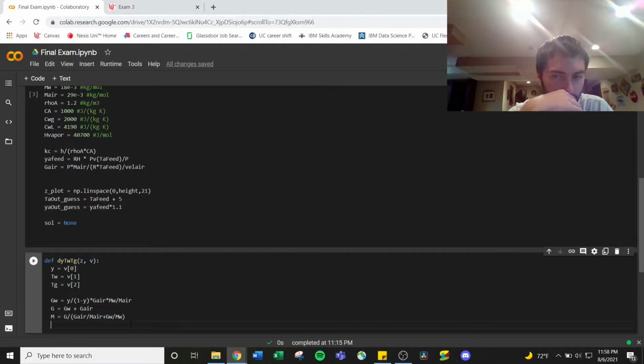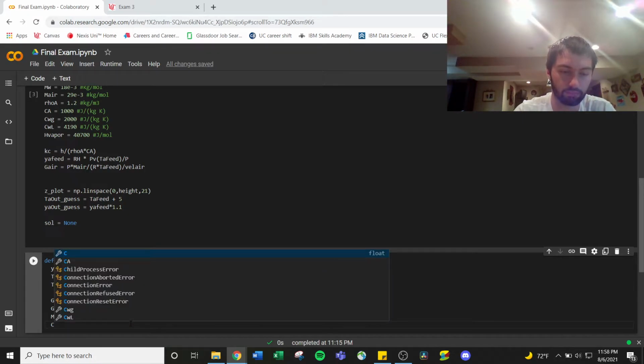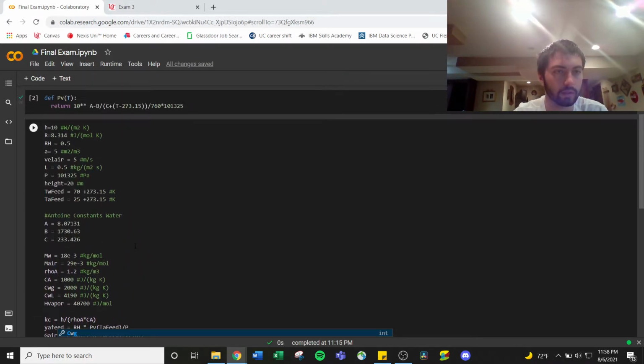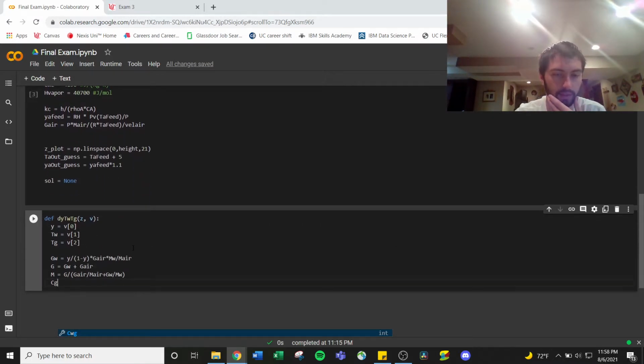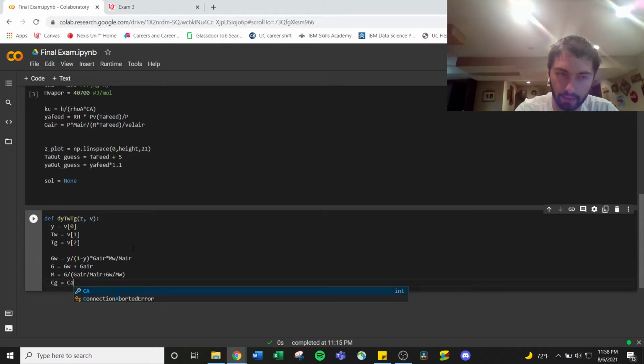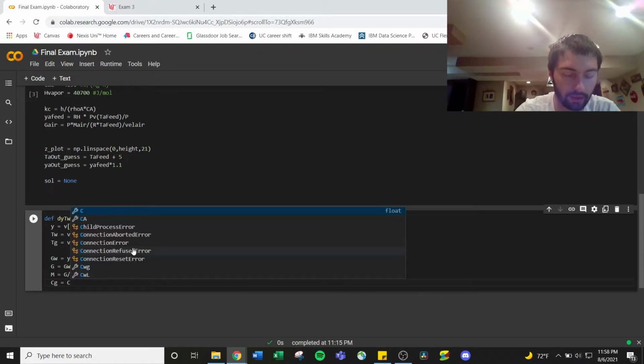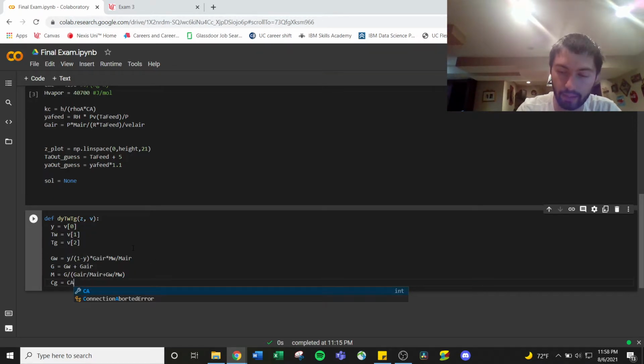Next we want to do the heat capacity of the gas, so we'll call it CG. I don't think I have a CG yet. Yeah, we'll call it CG. And that is going to be equal to C air, I think I called that CA, yep.